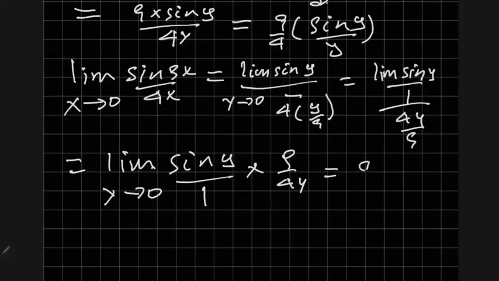This is equal to 9 over 4 times the limit of sine y over y as y goes to 0.